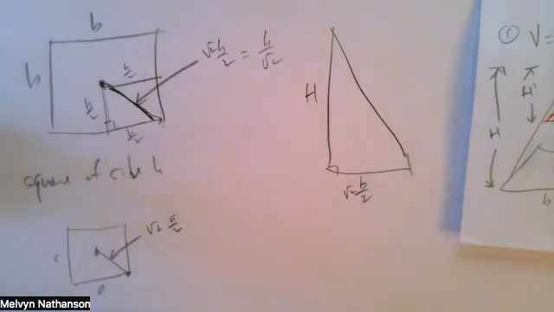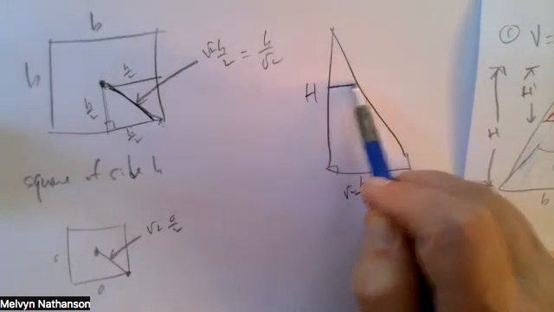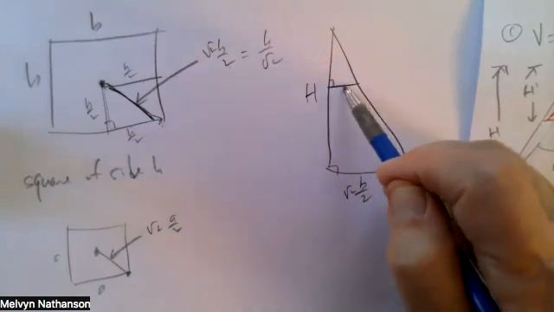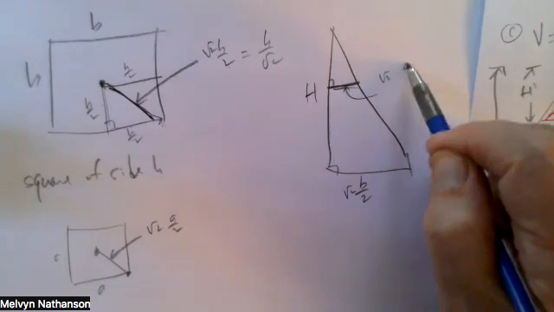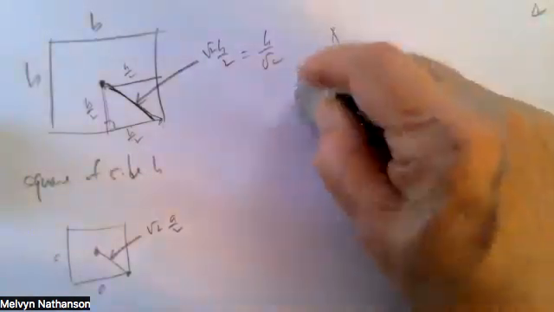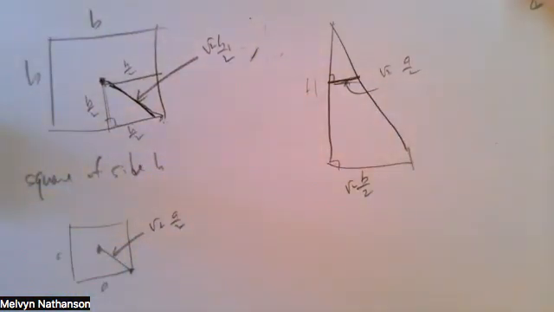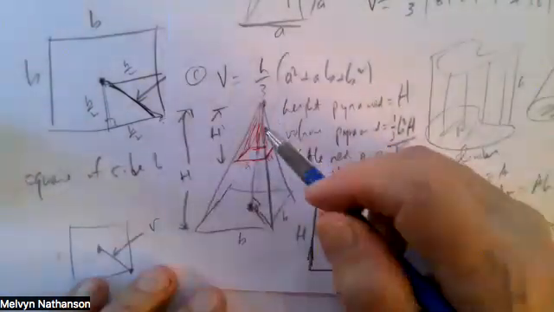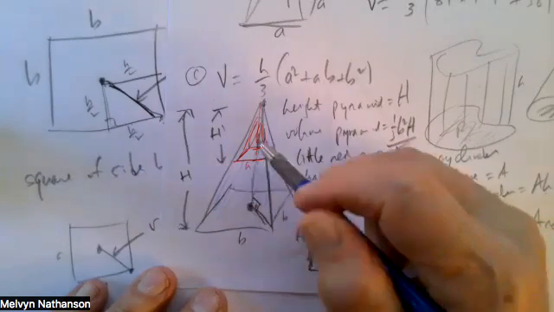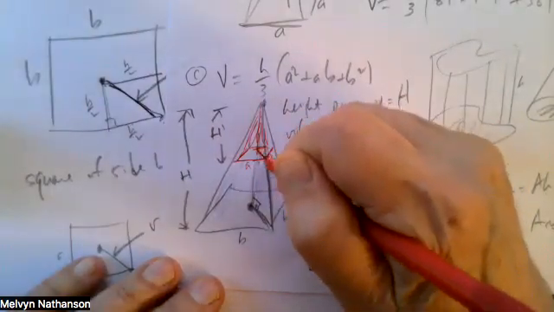So if I were to go up a certain height and draw this perpendicular, where this is square root of 2 A over 2, that's exactly what I get if I go to my pyramid, I drop this vertical line to the base, I have this right triangle, and then I also look at the right triangle I get by cutting off a piece of it.